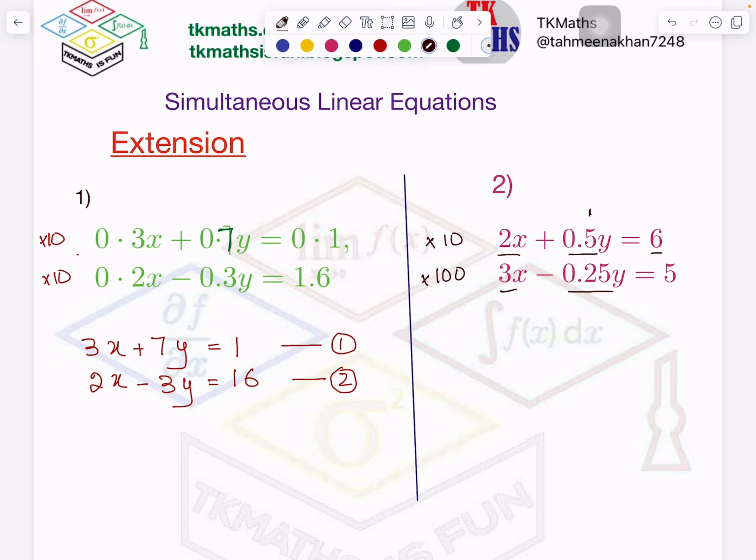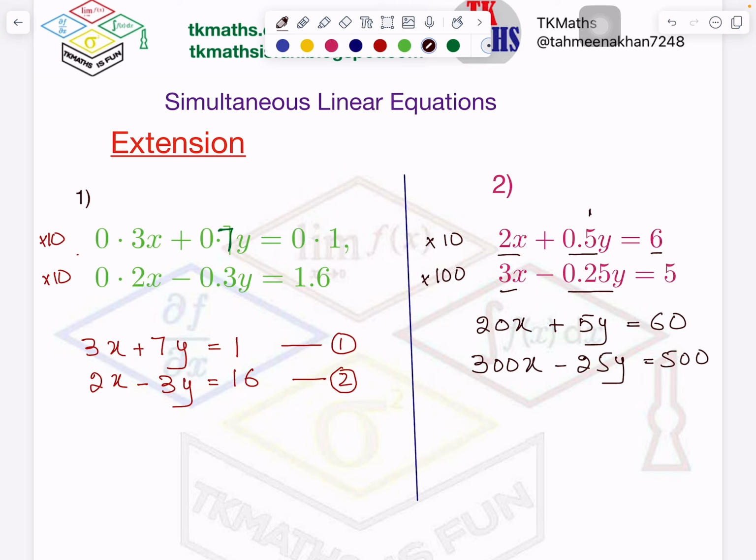So it will become 20x plus 5y equals to 60, and this one will become 300x minus 25y is equals to 500.